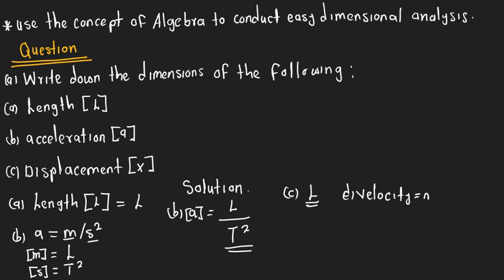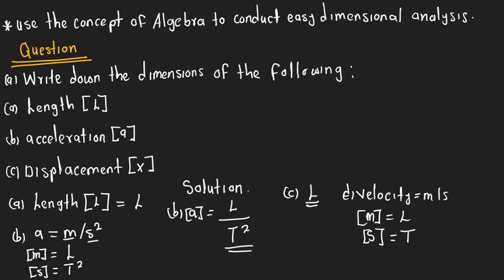Velocity is measured in meters per second. The dimensions for the meter, I had already stated that it is simply L, and the dimensions for the second, I had already stated that it is simply T. Okay? Now, because we don't have a power 2, it will just be T like that.